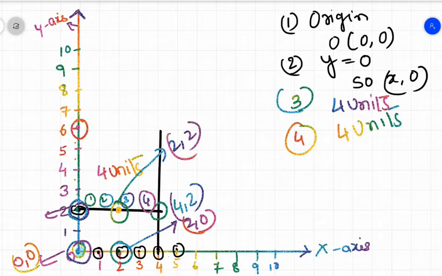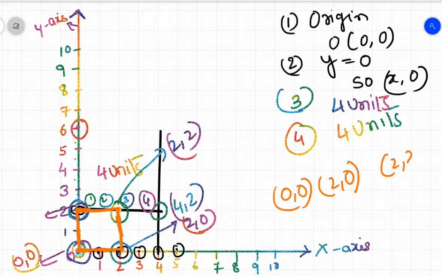Okay. Now, what is the fourth point which will make it a square? Now, children, see, from here I am taking another color. From 0 to 2 here, this is the first line. Then this is the second line. This is the third line. And this will be the fourth line. So, see here, what points do we have? We have 0, 0, then 2, 0, then 2, 2. So, what is the fourth point?